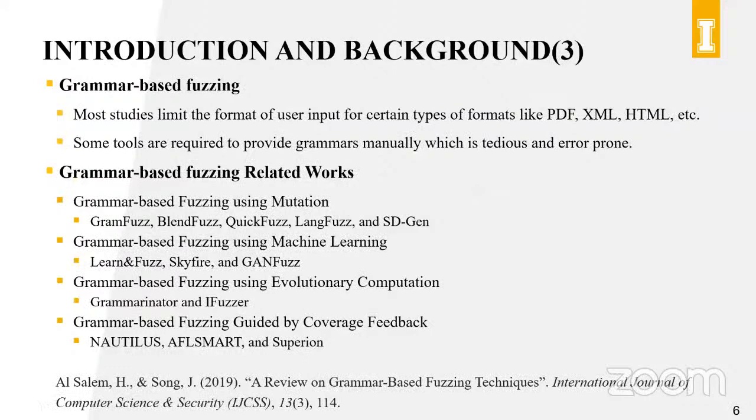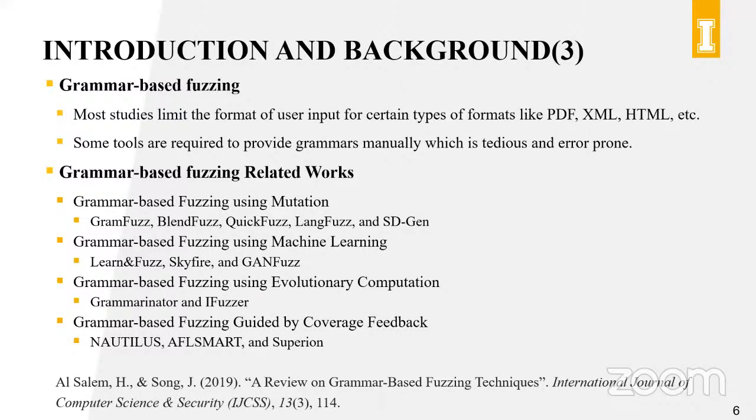In grammar-based fuzzing, many studies limit the user input format to certain types, like PDF, XML, and HTML. Some tools require the grammars to be provided manually, which is tedious and error prone.